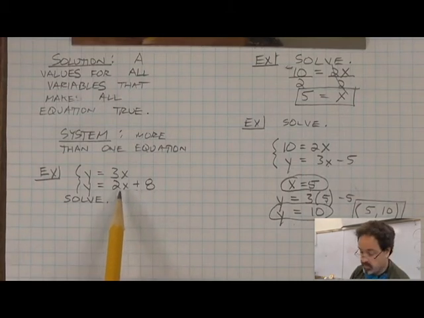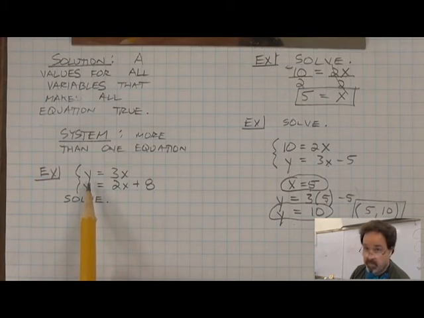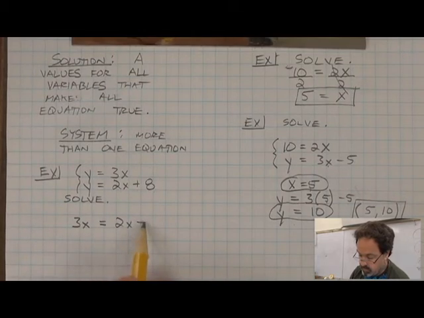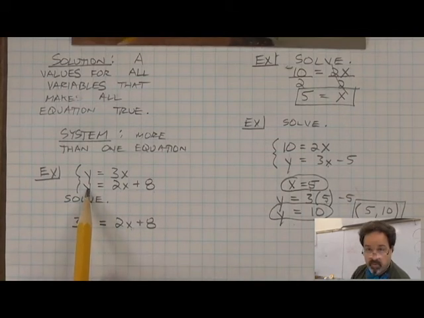I'm going to say that reasoning again in another way. If these two expressions are equal to the same thing y, then they must be equal to each other. So I can rewrite these two equations. I can set 3x is equal to 2x plus 8, only because these two expressions are equal to the same thing.